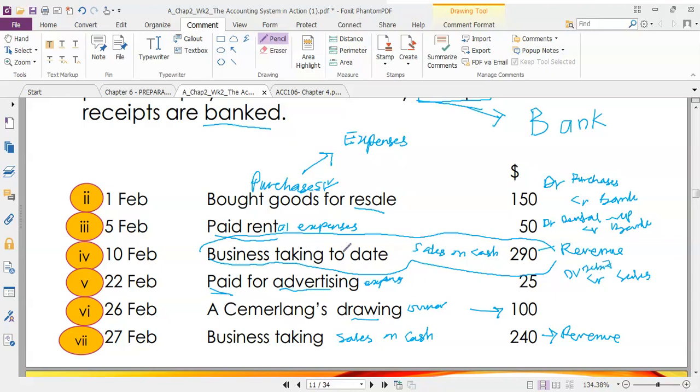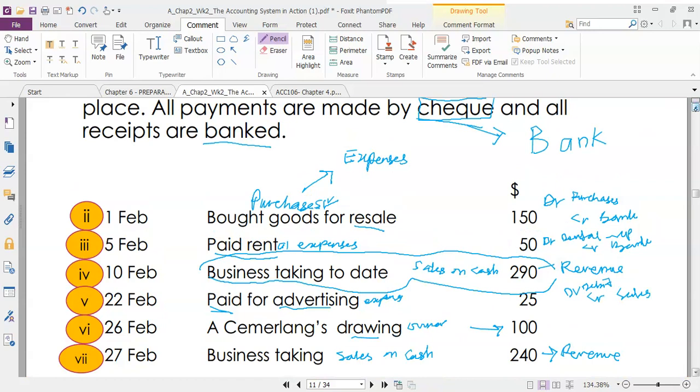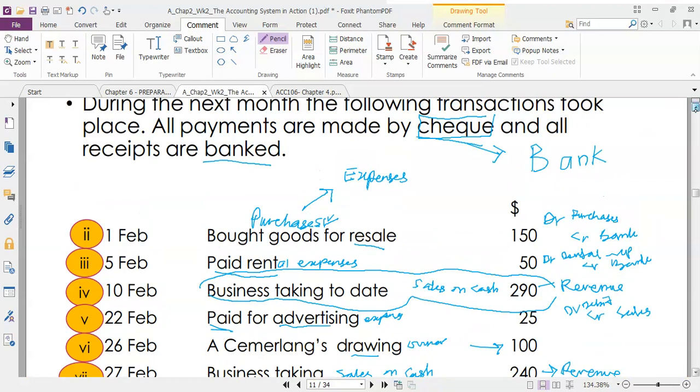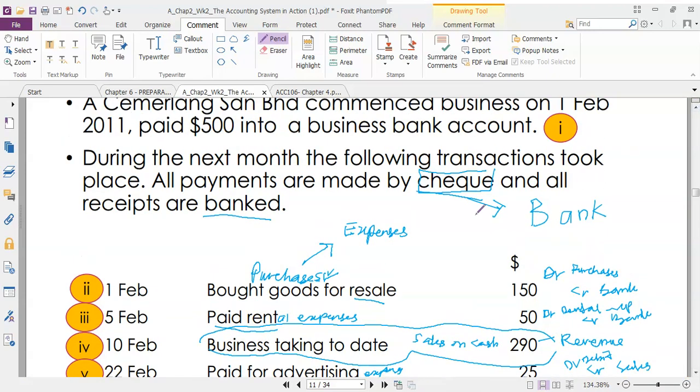Business taking to date means that the business is making sales on cash. Dia buat jualan. Bila dia jual barang, dia dapat duit melalui bank. Duit masuk dalam bank account dia, so duit kita bertambah.